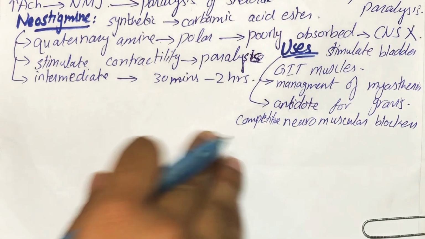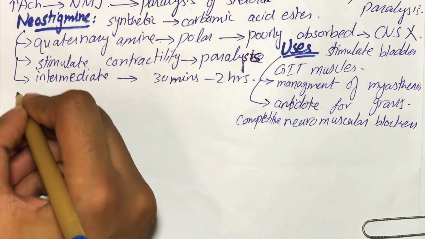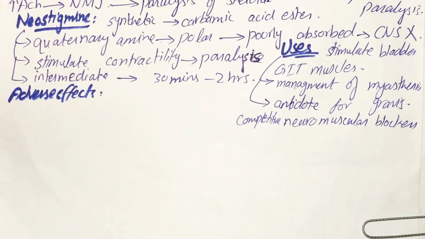But other than that, if we talk about adverse effects, as Neostigmine is an indirect acting cholinergic agonist, it is increasing cholinergic responses in our body. So if there is an increase of such responses, there will be cholinergic crisis.